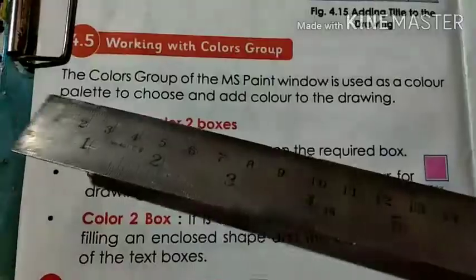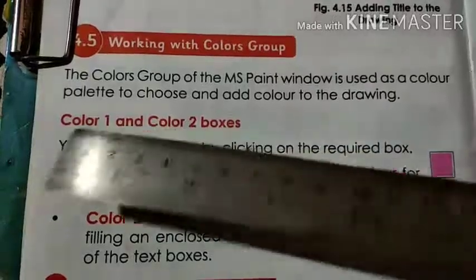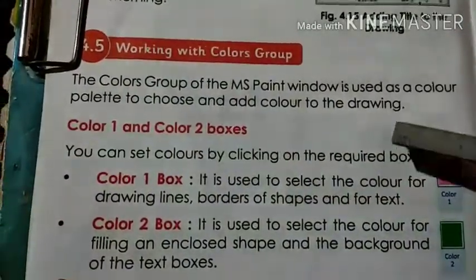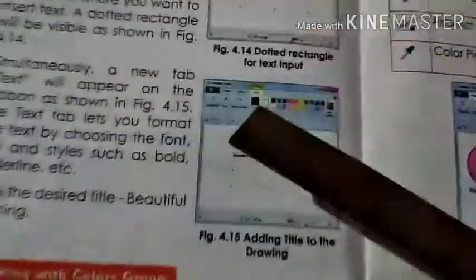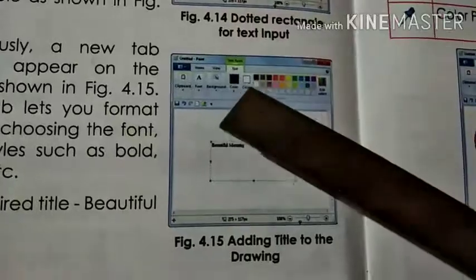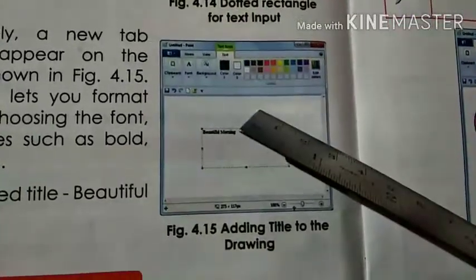Right. So now we are going to start with our next point, that is working with colors group. The color groups of the MS Paint window is used as a color palette to choose and add color to the drawing. So you can see in this window, students, figure 4.15, that this is a color palette.